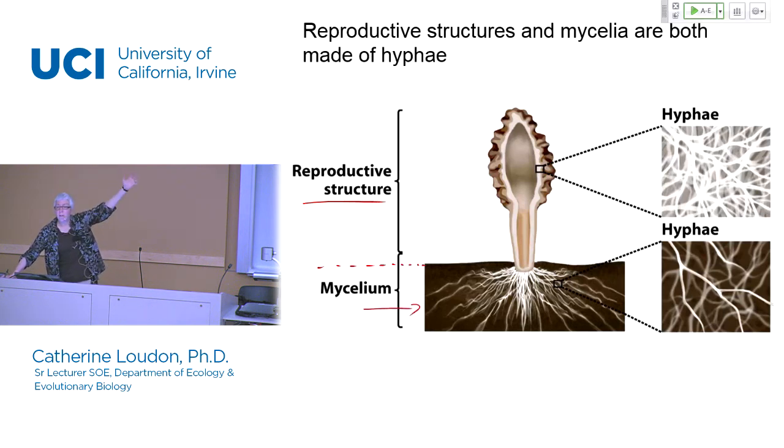But whether you're looking at the above ground part or the below ground part in a multicellular fungus, they're composed of a bunch of different filaments, which are called hyphae, that is plural. They're just arranged in a somewhat more compact form in the reproductive structures that form above ground, such as shown here, or above an animal's body for something that is growing in, say, an animal's body instead of soil.